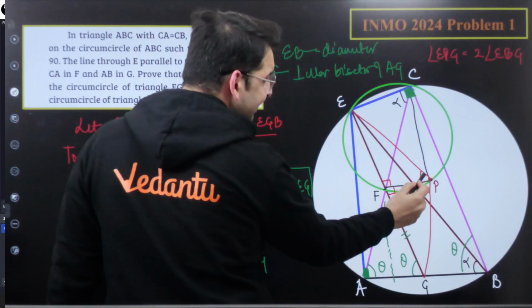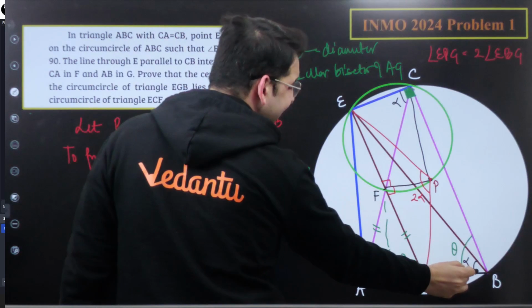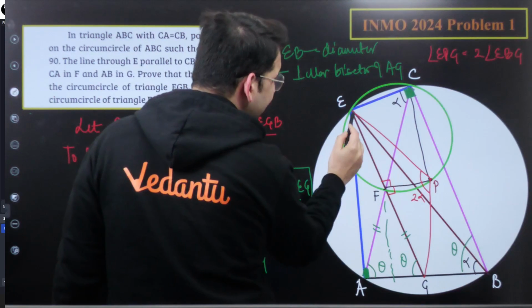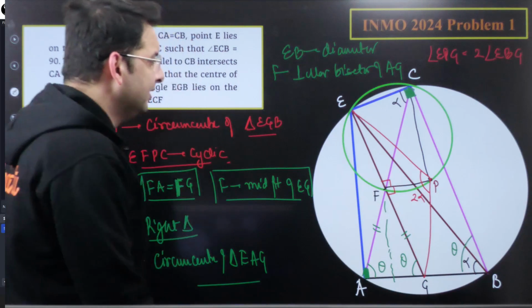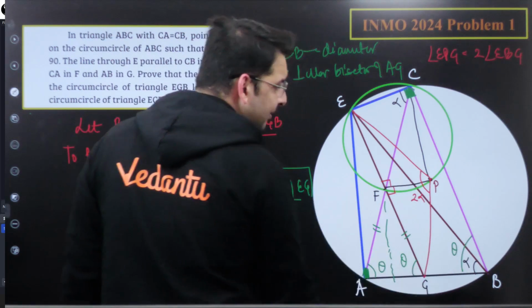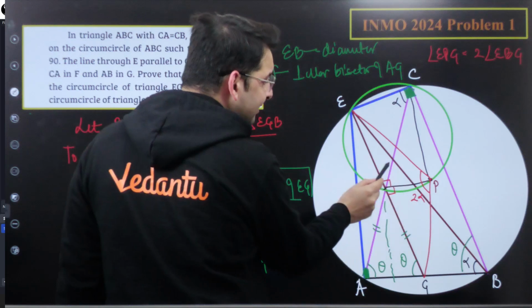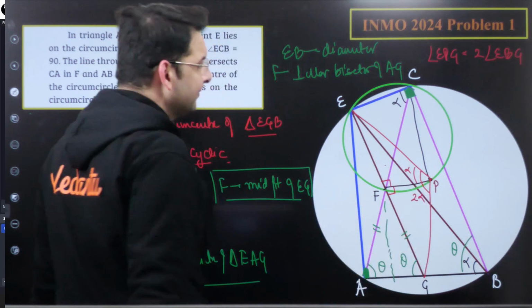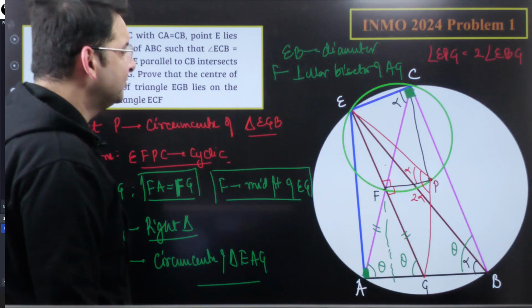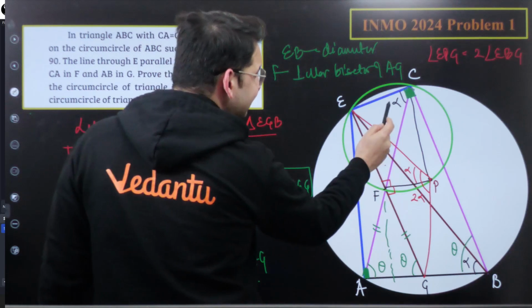EPG, the angle at the center, is always double the angle at any other point of the circle, because we are assuming there is a circle passing through EGB with center P. So EPG is going to be double of this, and clearly these two triangles are congruent, so this angle is going to be alpha, which is equal to this.